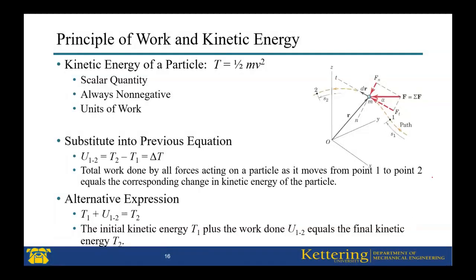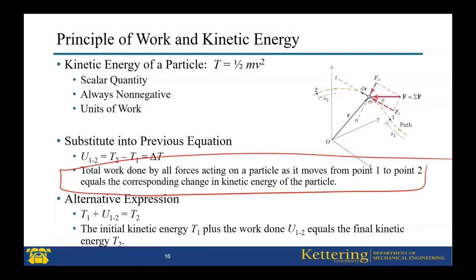This sentence is the interpretation of this equation: U from 1 to 2 equals the change in kinetic energy, delta T. Or if I add this to U12, T1 plus U12 equals T2: the initial kinetic energy, T1, plus the work done, U12, equals the final kinetic energy.